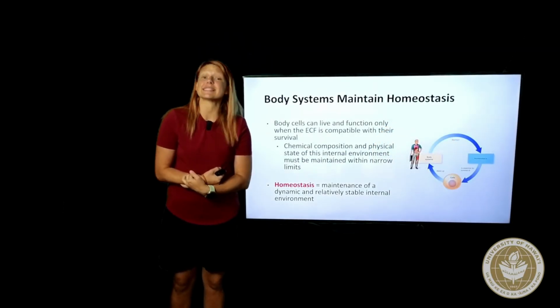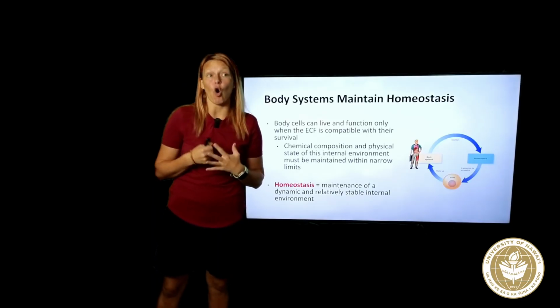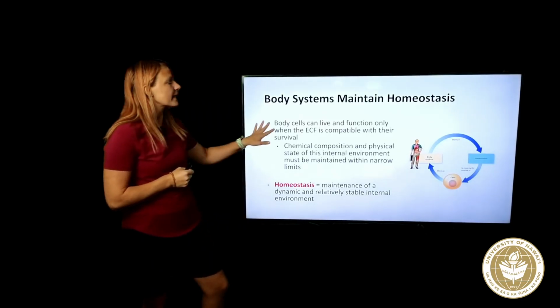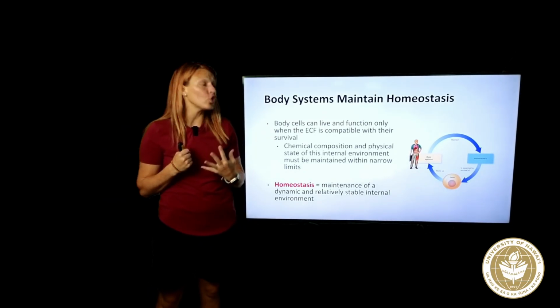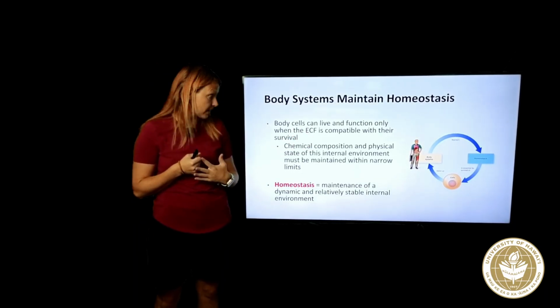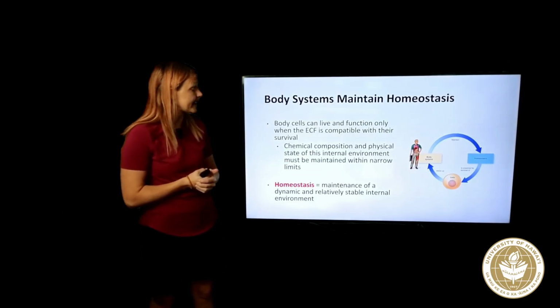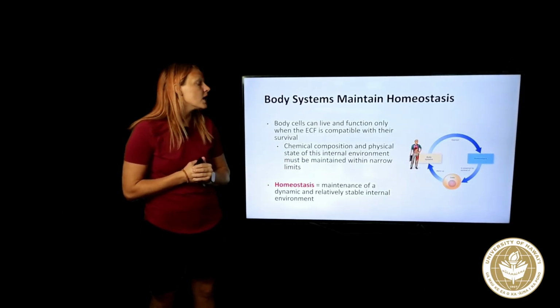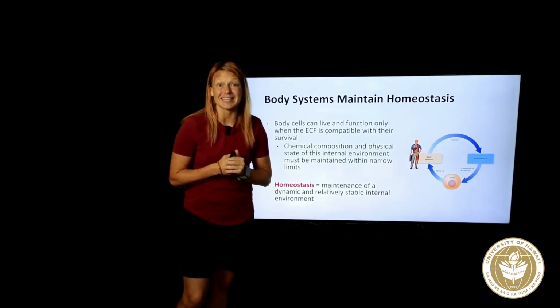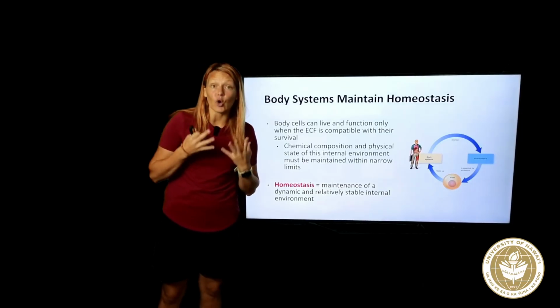What we see is that our body systems maintain homeostasis. So body cells can live and function only when the extracellular fluid is compatible with their survival. Chemical composition and the physical state of this internal environment must be maintained within narrow limits.